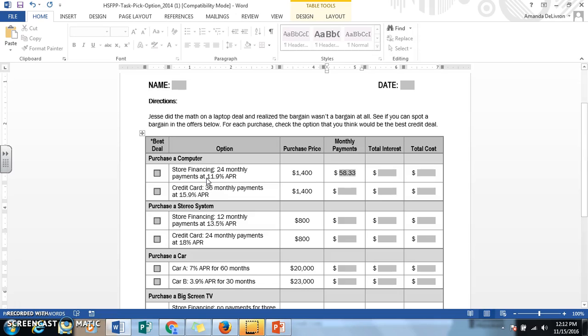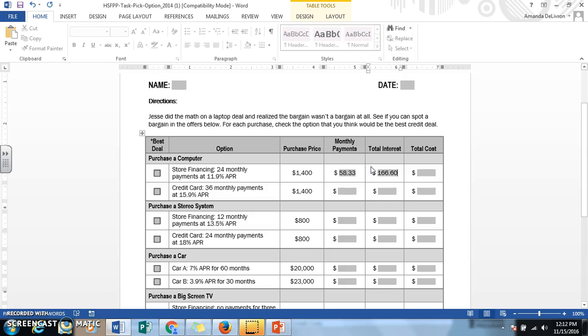That's 11.9% changed into a decimal, 0.119. So I use multiplication, multiply 1,400, the purchase price, by 0.119, and I get that my interest is going to be $166.60.